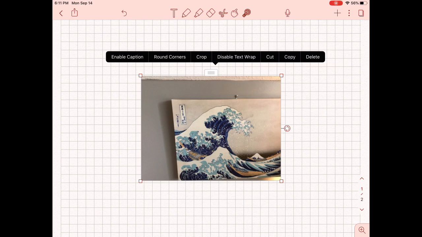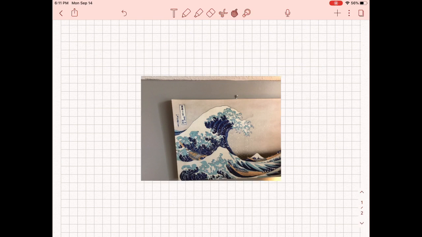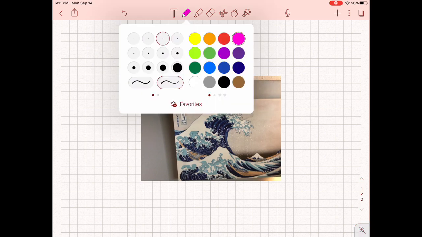Once I have my photo, I'm now able to draw on it. And so what I would ask is that any work that you do to finish this angle work, whether you're making a poster or taking pictures in Notability, that you label the angles that you find, because that's showing me that you understand what these angles are.